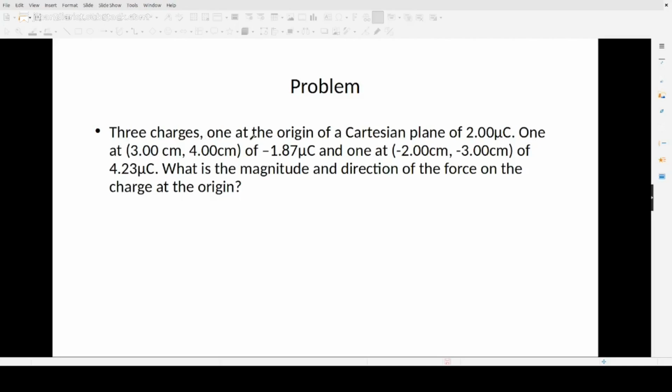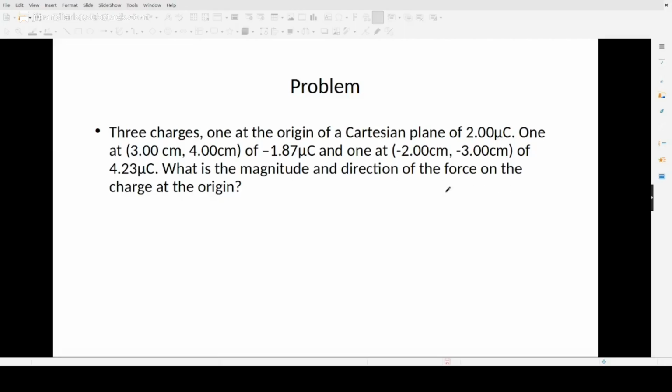Three charges. One at the origin of the Cartesian plane of 2 microcoulombs, one at 3, 4 centimeters of negative 1.87 microcoulombs, and one at -2, -3 of 4.23 microcoulombs.